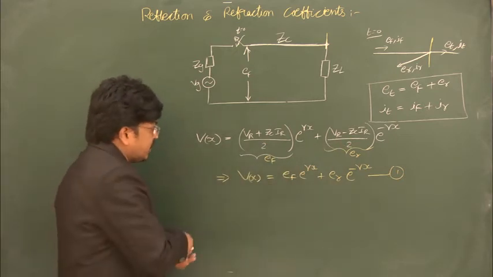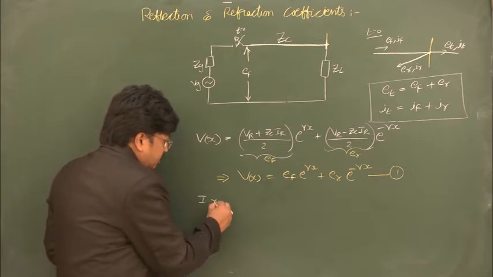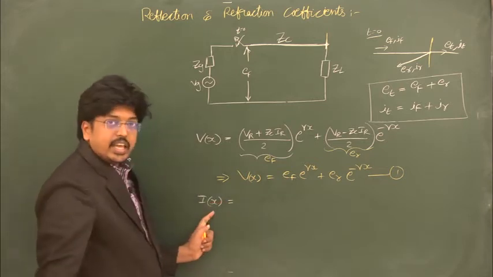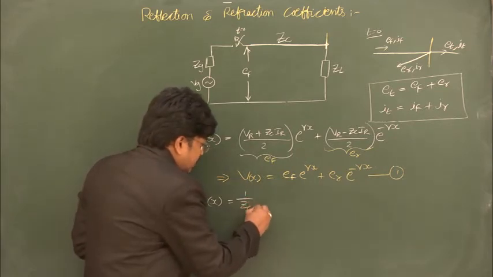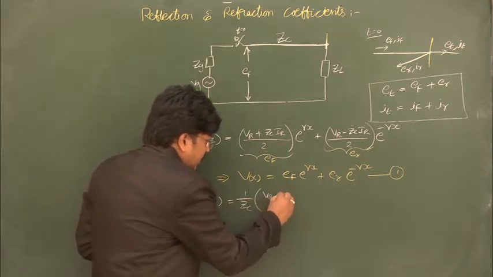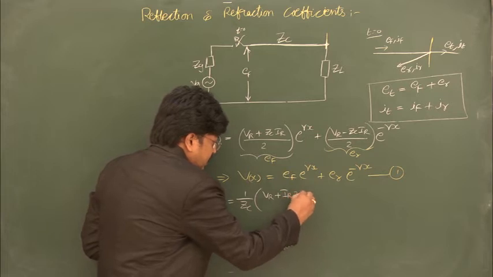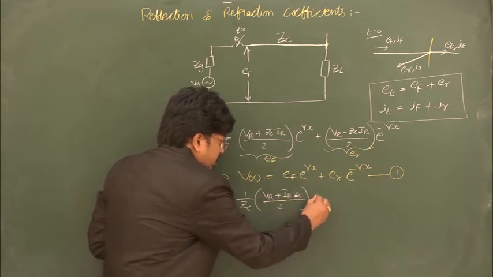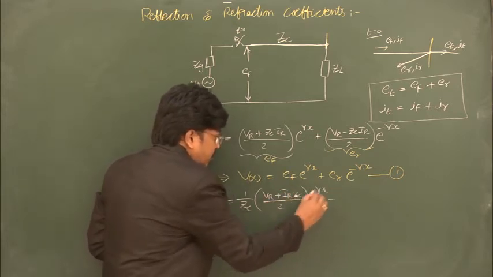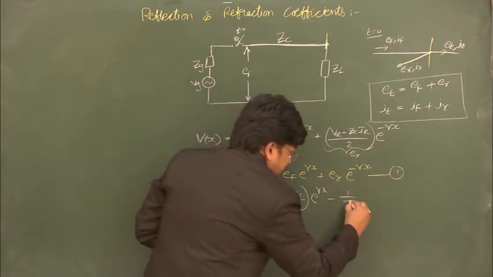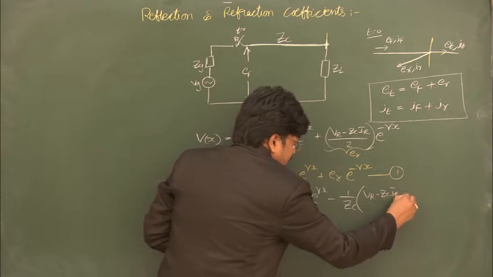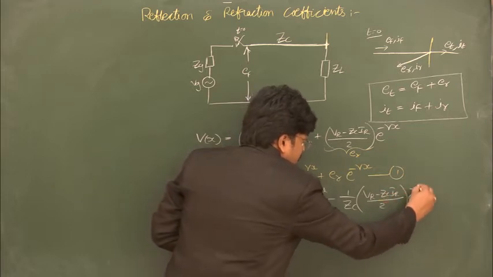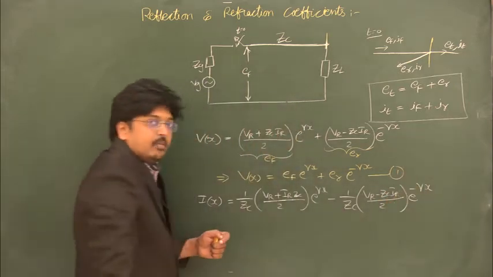In the similar manner, we know the expression for current at a distance x meters from the receiving end: Ix equals 1/Zc times (Vr plus Ir Zc)/2 times e to the power gamma x, minus 1/Zc times (Vr minus Zc Ir)/2 times e to the power minus gamma x.